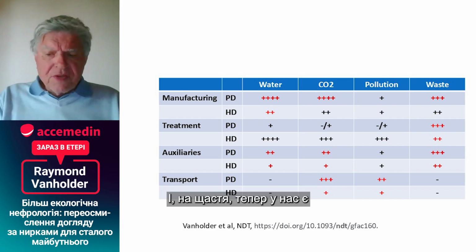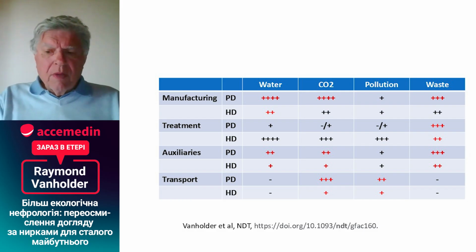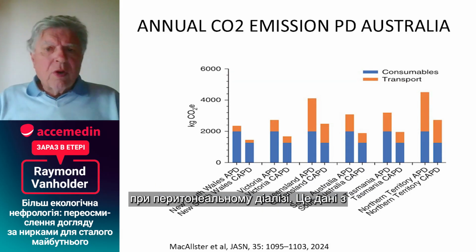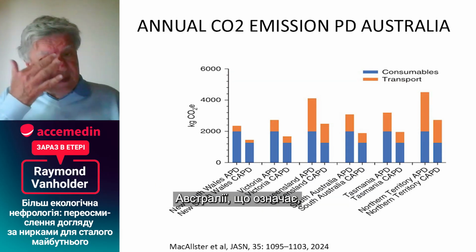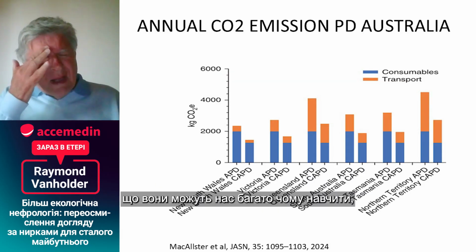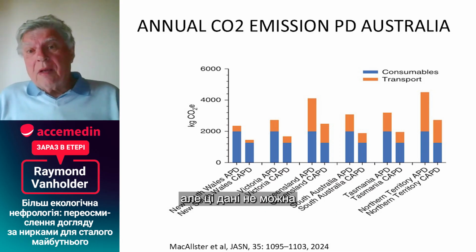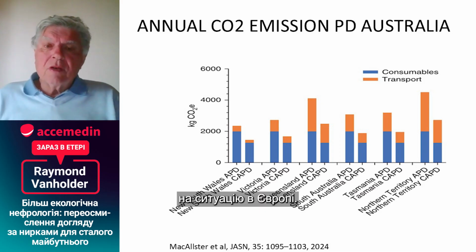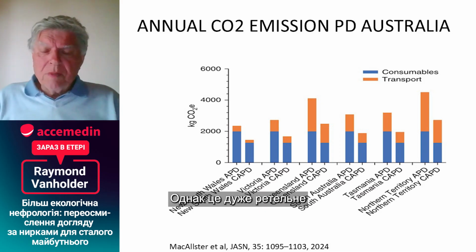And fortunately, we now have exact data on CO2 production for peritoneal dialysis. It's data from Australia. That means that they teach us something, but they cannot automatically completely be translated into the European situation. But it's a very careful study.